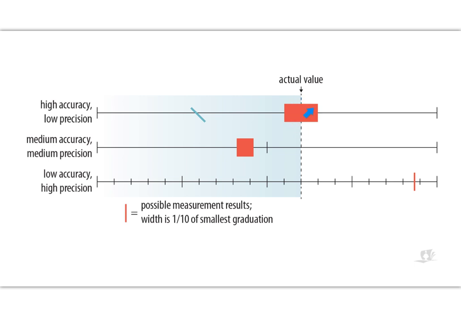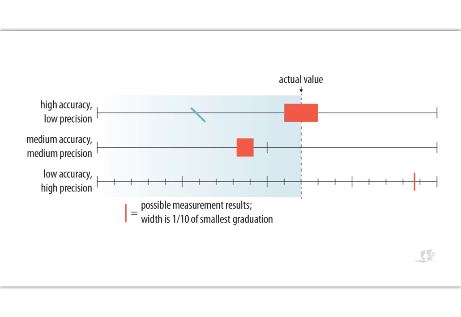I mean, it fell right here on top of the actual value. Here, we're not too far away, medium accuracy and medium precision. Why is this medium precision and this is low precision when this one's so much closer to the actual value? Well, you see the width here, how far away we got from our measured amount. This is a more precise tool. It didn't have as big of a range.